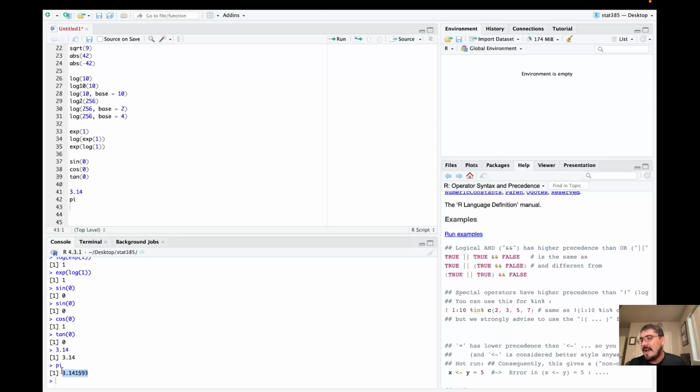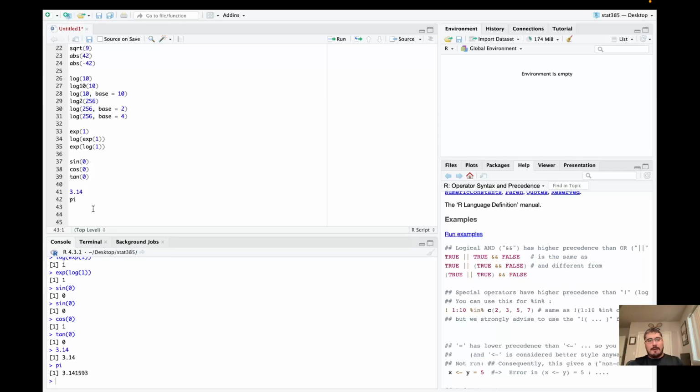We can't represent that in a system that has finite memory, the system being the computer. So R has a representation of pi built in, with many more decimals than what is displayed here, but this is just returning some description of what is actually stored.